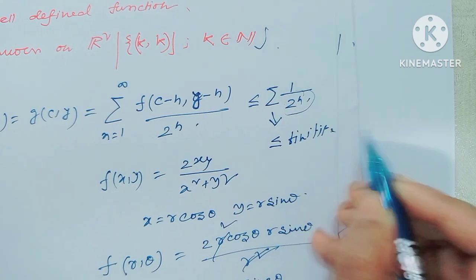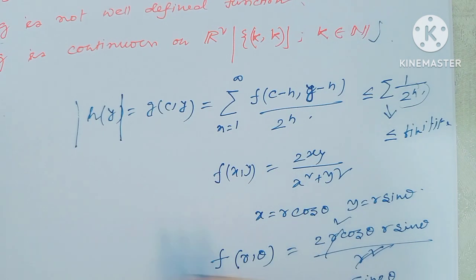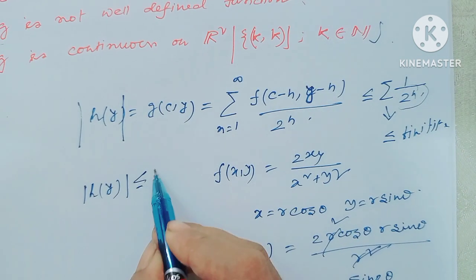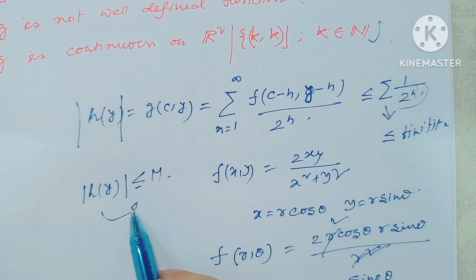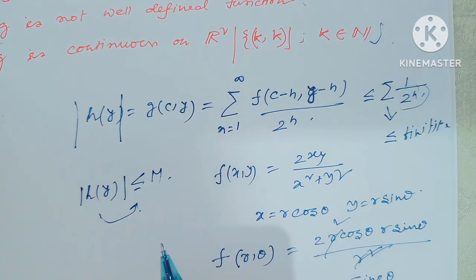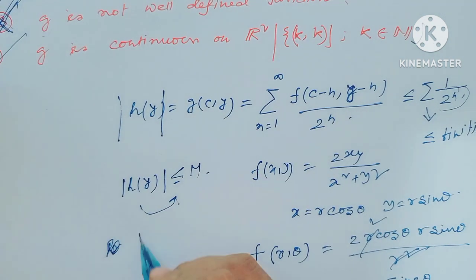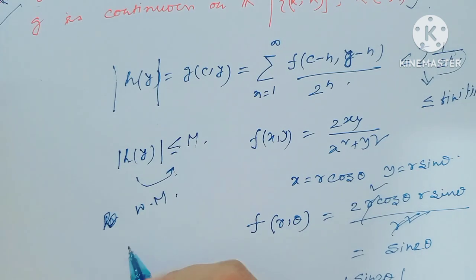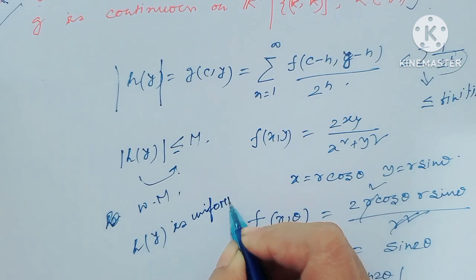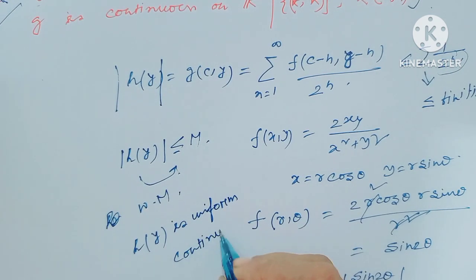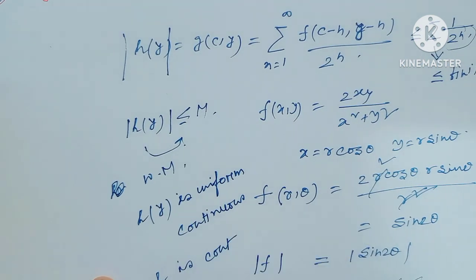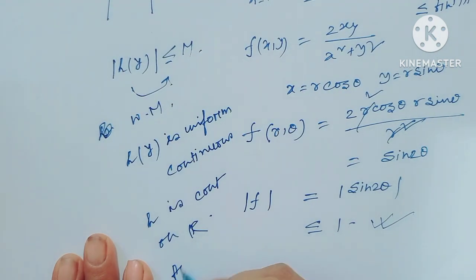Applying modulus on both sides, the terms are less than or equal to M_n, and since this is a convergent series, by the Weierstrass M test the series converges uniformly, and since it is uniformly convergent, the function is continuous on whole R for all x.